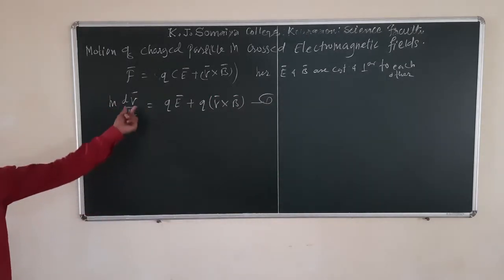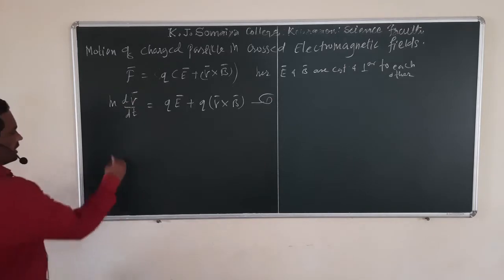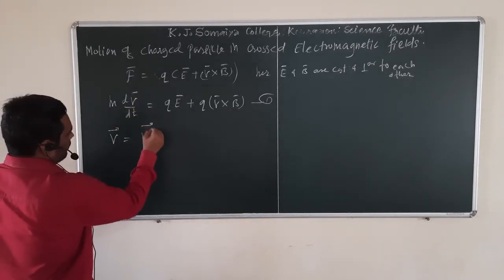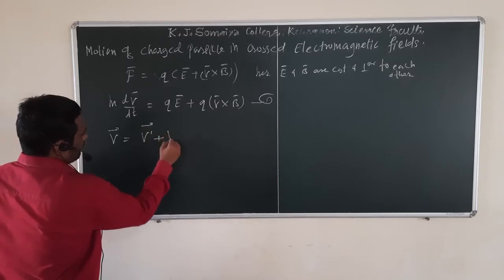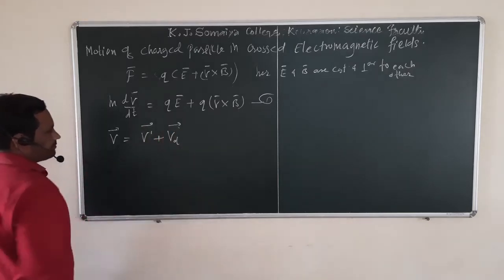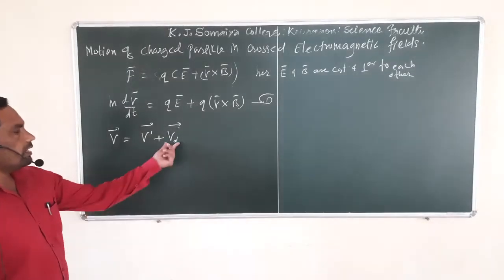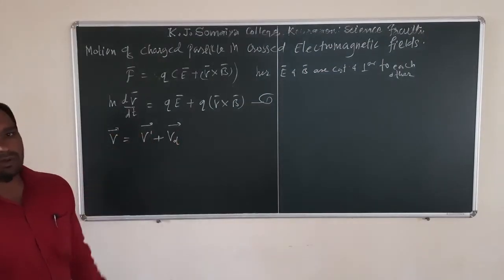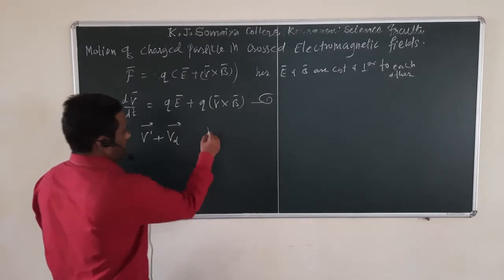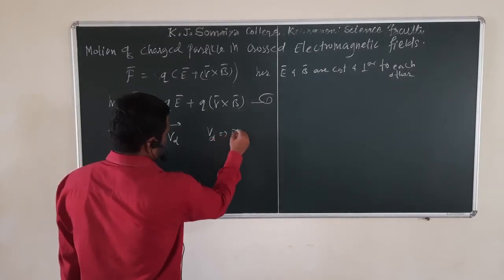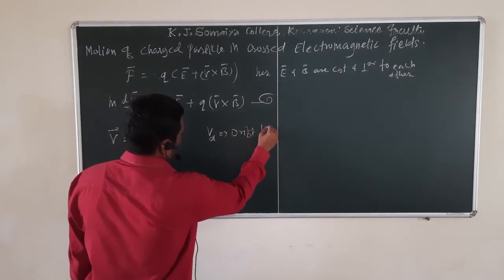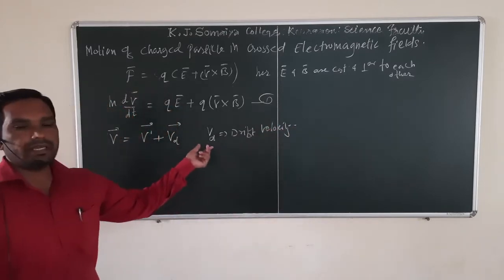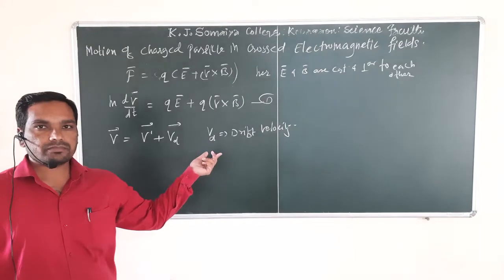Suppose we replace the velocity vector v in this equation by the vector v' plus the vector vd. Here we are calling this vector vd the drift velocity. Why is this vector vd known as drift velocity?